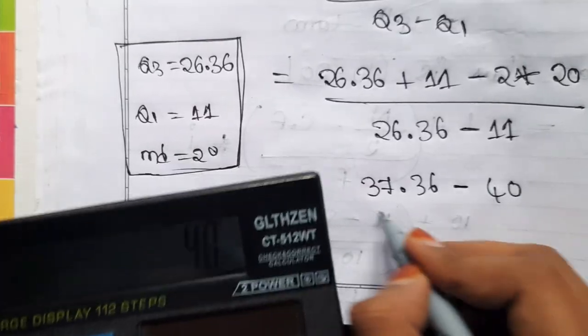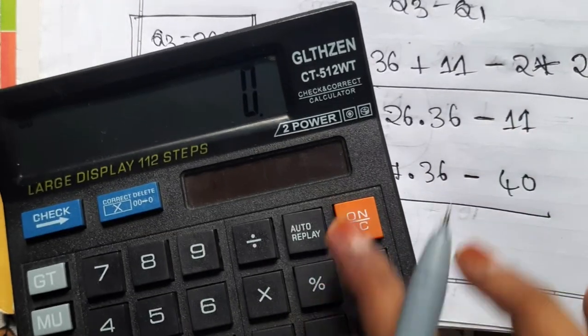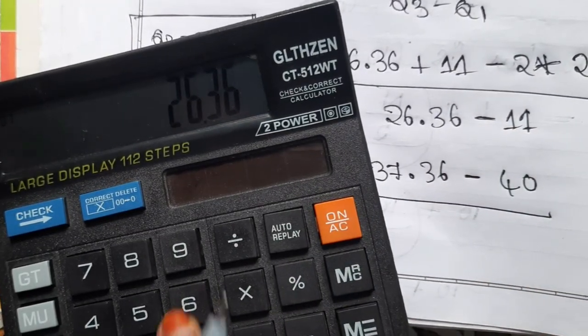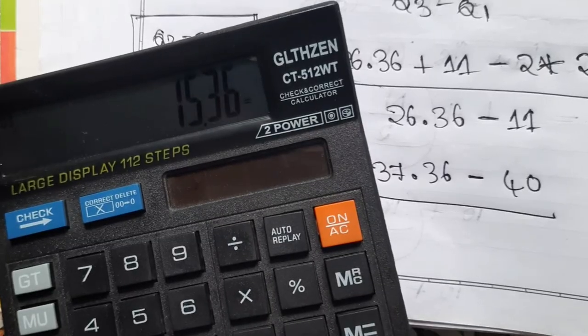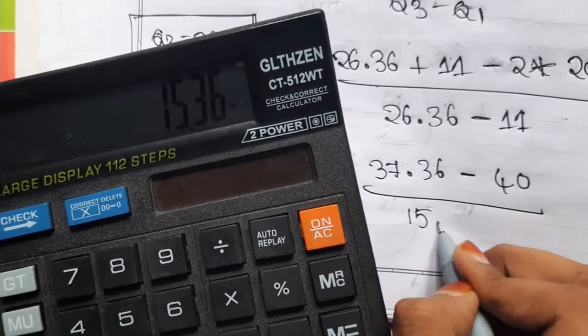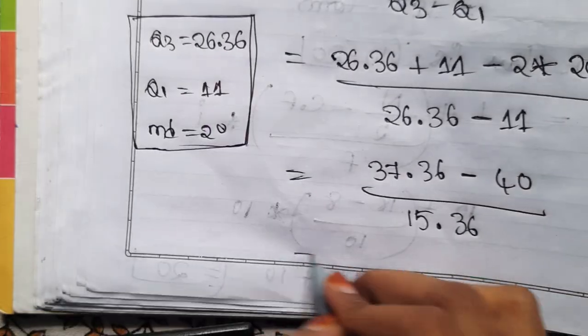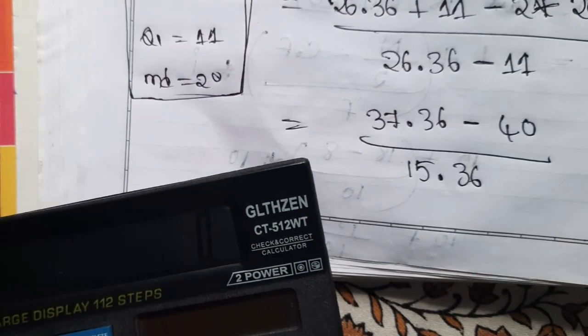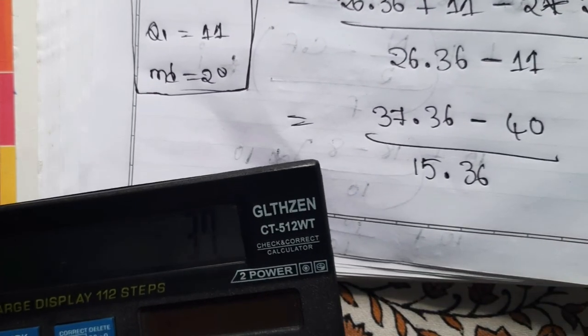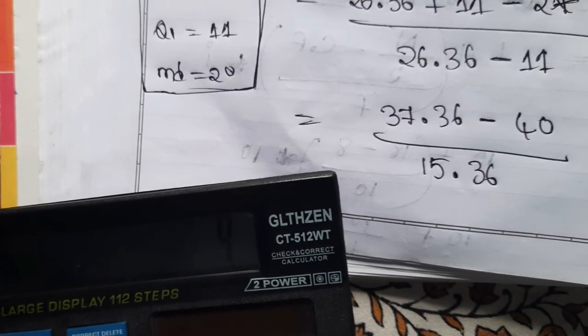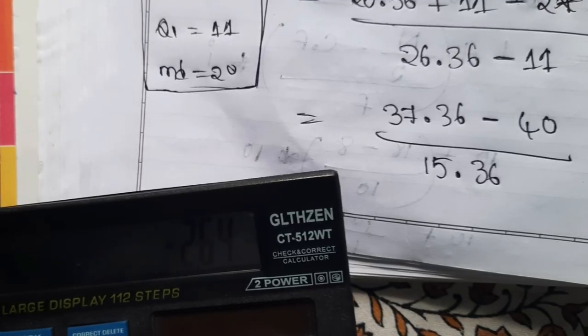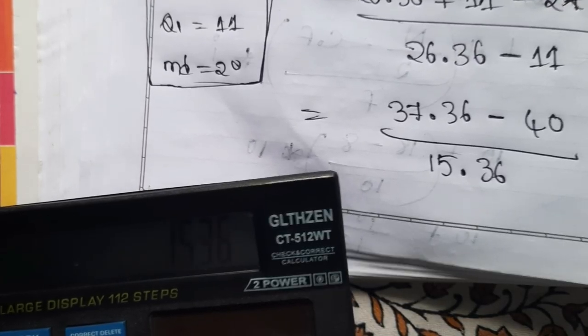Next, 26.36 minus 11 is 15.36. So let us do the calculation again. 37.36 minus 40 divided by 15.36.